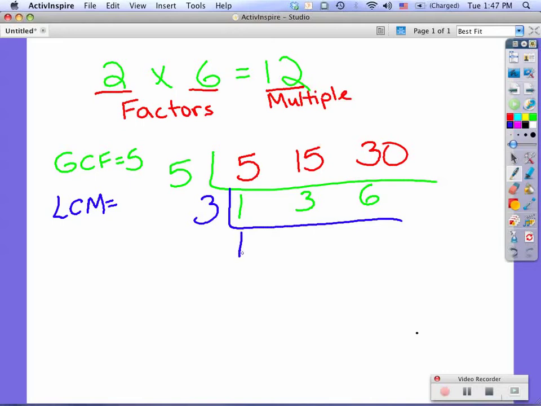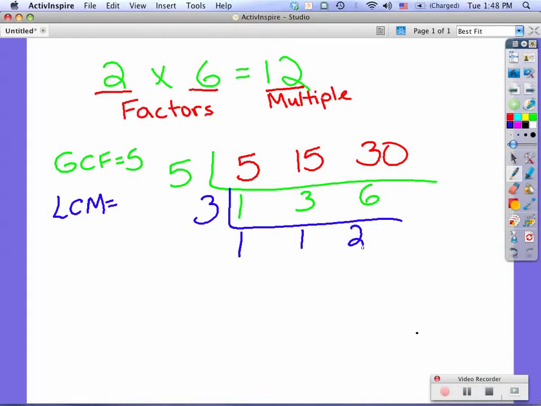Okay, so I'm going to take my 1 and I'm going to bring it down. Because I don't even worry about the 1 anymore. I'm done with the 1. How many times does 3 go into 3? 1. And 3 into 6? Twice. Okay, now we're going to look at our numbers again. Do I have at least 2 numbers that have something in common besides 1?